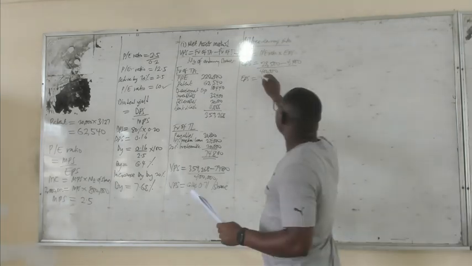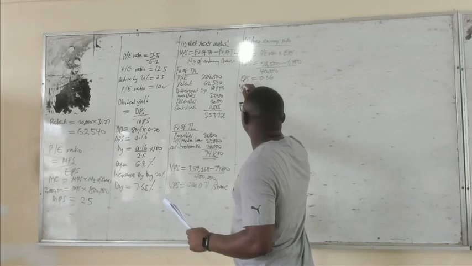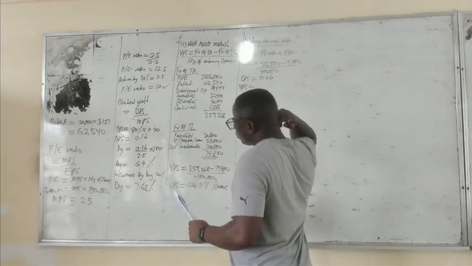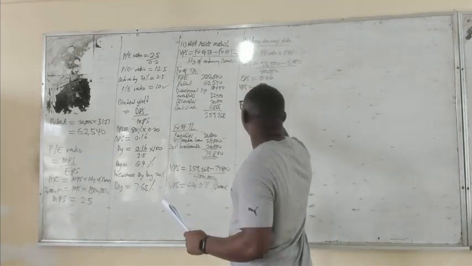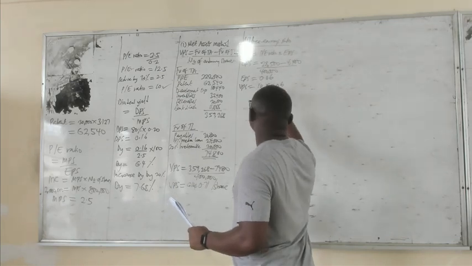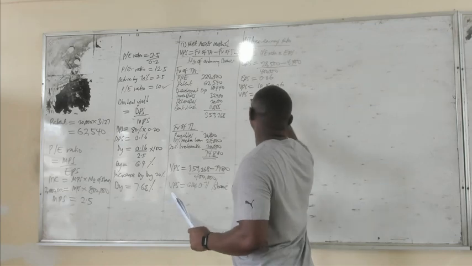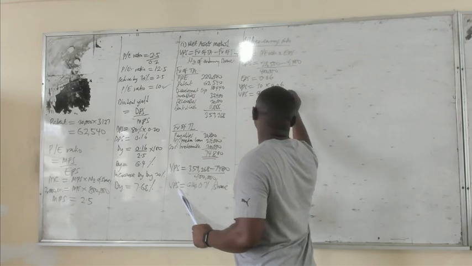So 0.06 is the calculation. The value per share will be equal to the PE ratio, which we borrowed, that is 10 times 0.06. So the value per share will be 0.6. 60 pesos per share.